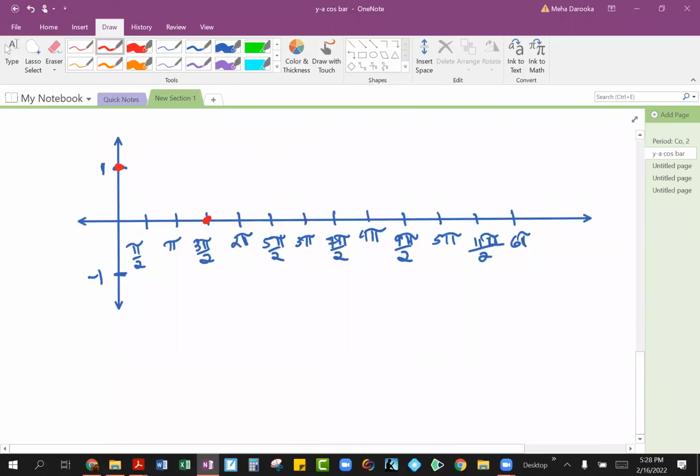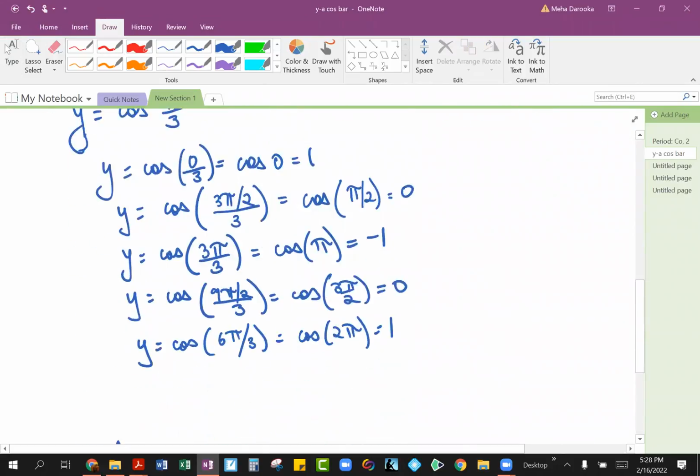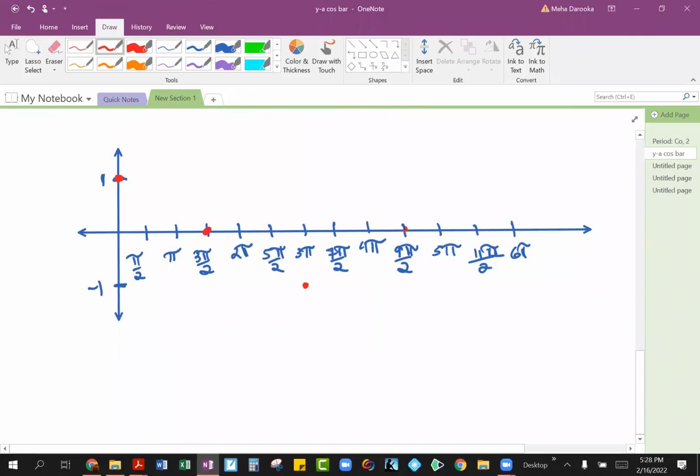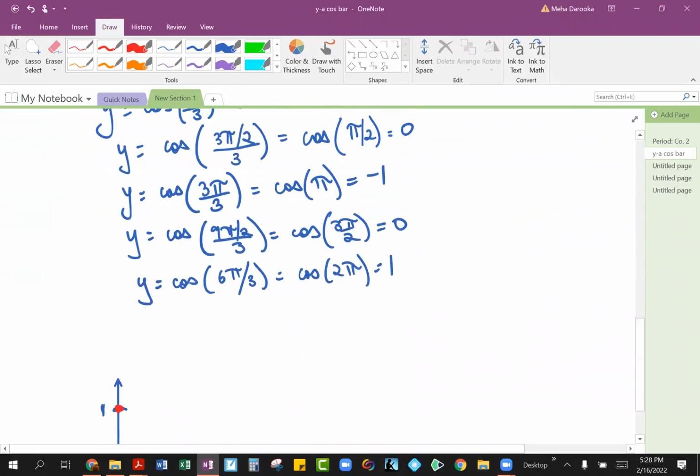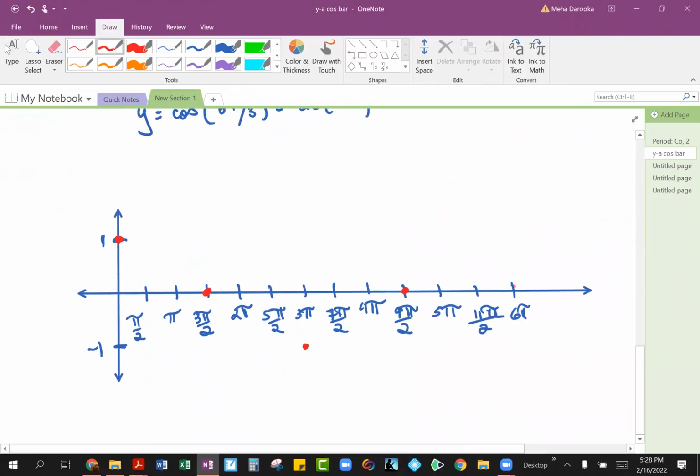So 3 pi, -1. 9 pi halves, we had an intercept again, which would be this guy here. And then let's see, 6 pi, we had a maximum. So 6 pi is back at 1.